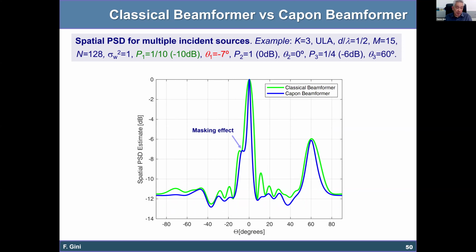Clearly, at some point, if the sources are too close and the difference in power is significant, both methods don't work well anymore. This is clear, but Capon continues to perform reasonably well, even in scenarios where the classical beamformer does not work properly anymore.